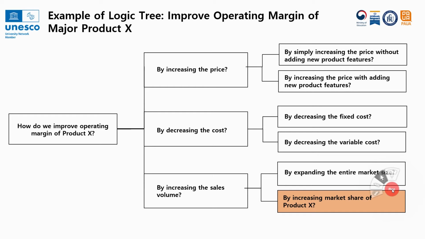So let me show one example of the fixed cost. I don't know whether you enjoy watching movies at the theater. Okay? Most of the expenditures from the theater operator's point of view is constructing a big space of the theater, right?